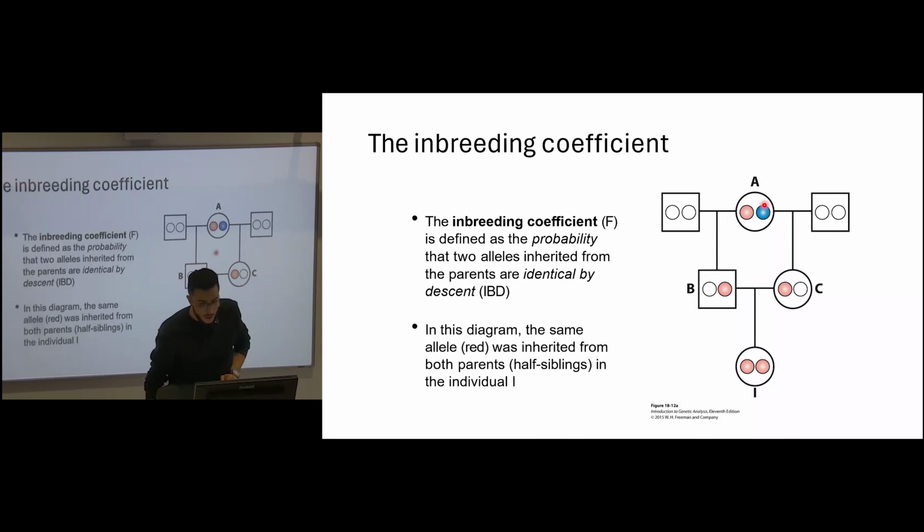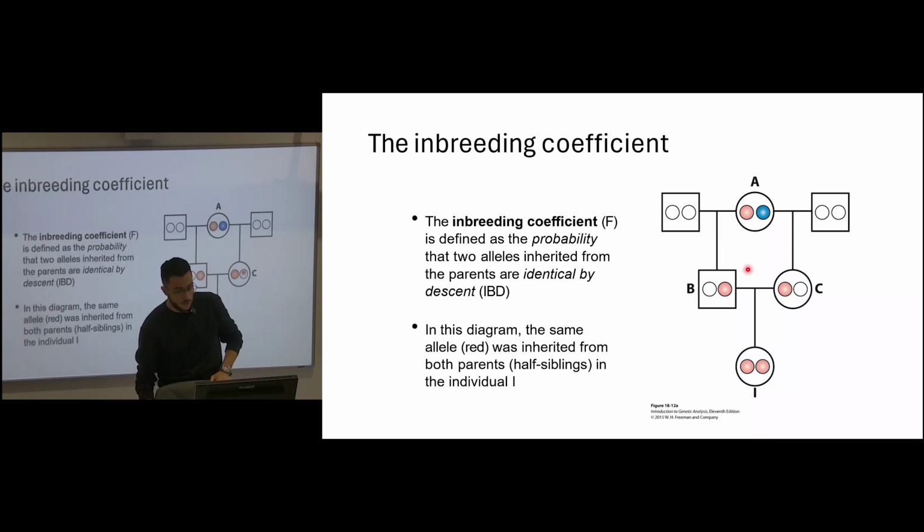Okay. The probability that two alleles inherited from the parents are identical by descent means they both come from the same parent, without any crossover, without anything. The DNA sequence comes directly from this parent to this one here, the same way it is in the parent.